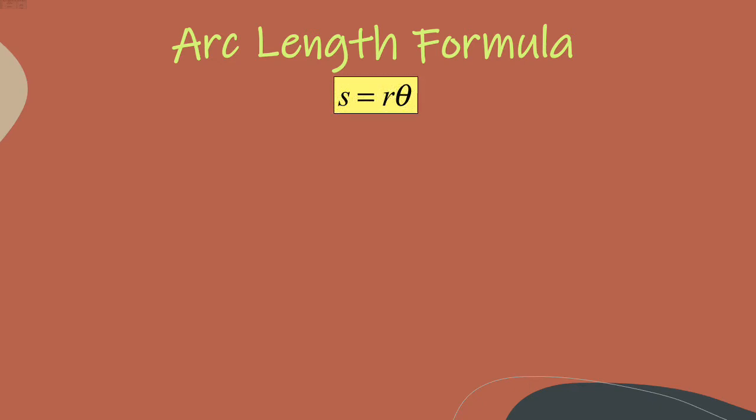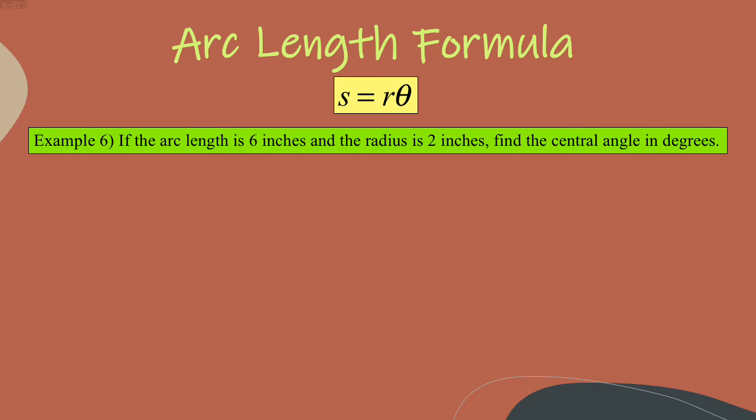Our arc length formula, S equals r theta, has 3 variables, S, r, and theta. So if we know 2 of the variables, we can find the other. For instance, in example 6, we are told that the arc length is 6 inches and the radius is 2 inches, and we would like to find the central angle in degrees.